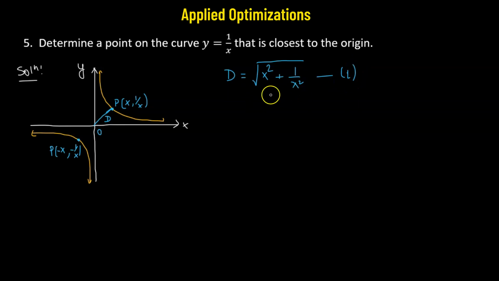Now we'll try to optimize this distance. We know optimize means we need to minimize this distance, so we have to take its derivative with respect to x. So let us do that.